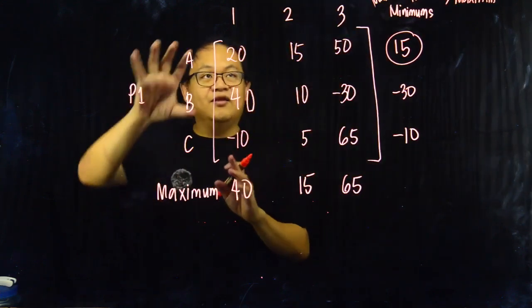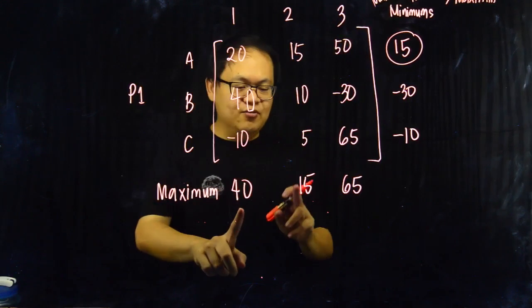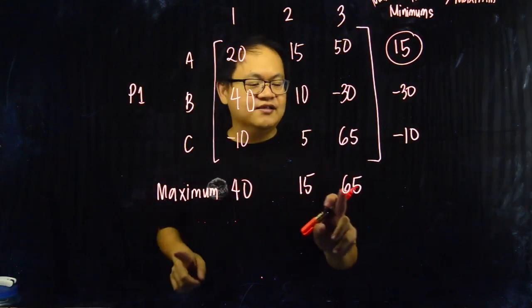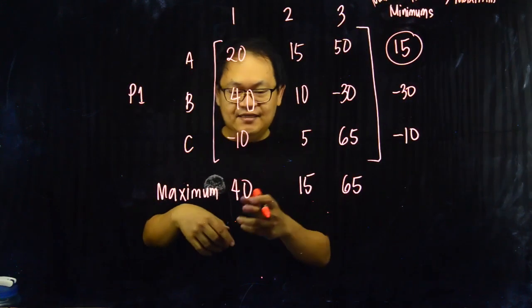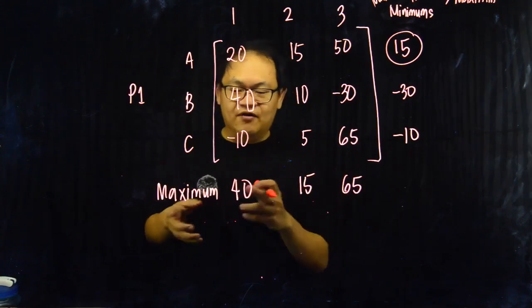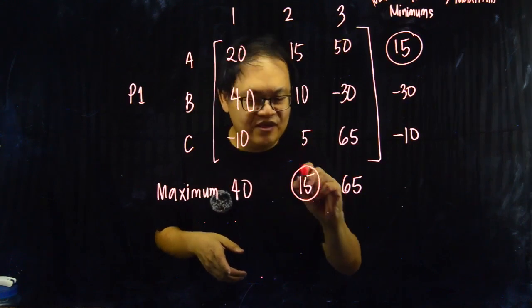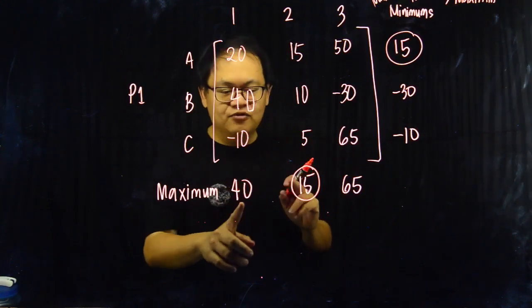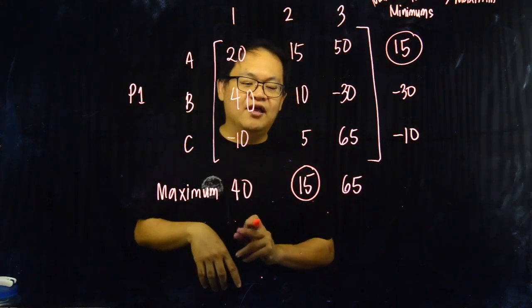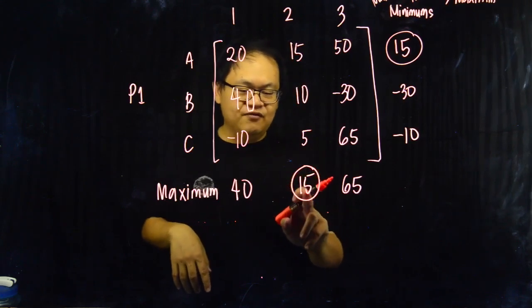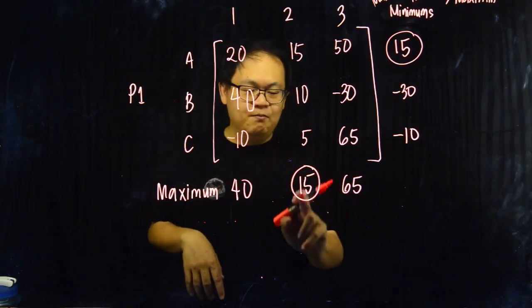On the other hand, if we look at player 2, the 3 worst case scenarios are 40, 15, and 65. And in this case, player 2 would rather lose 15 than lose 40 or lose 65. And by choosing 15, 15 is the lowest, or the minimum.